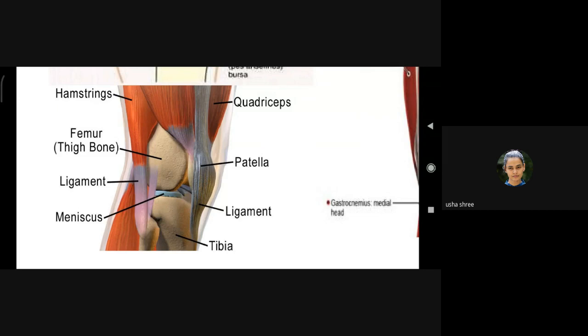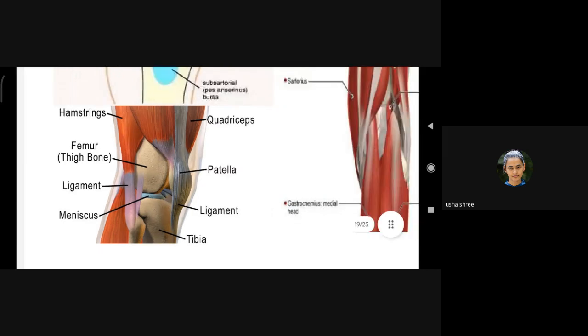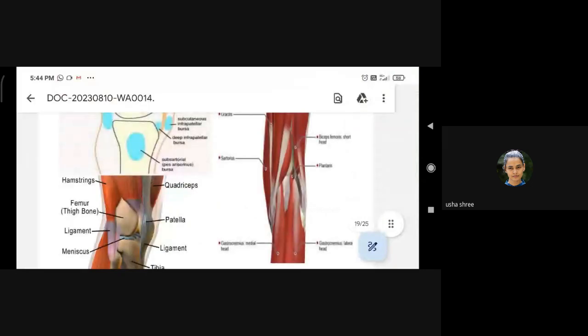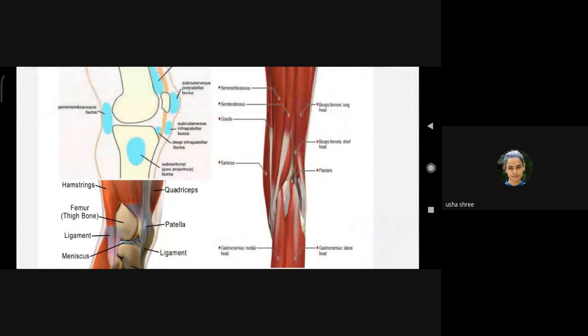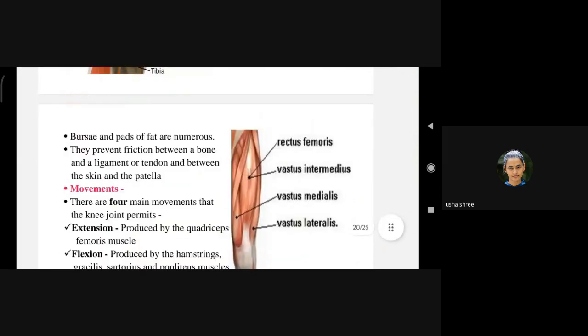Ligaments are there, patella, quadriceps, all these things are there. The meniscus is shown here in sky color, a rubber-like structure. It is mainly a shock absorber. And these are the muscles of the leg. So we will proceed to the next.